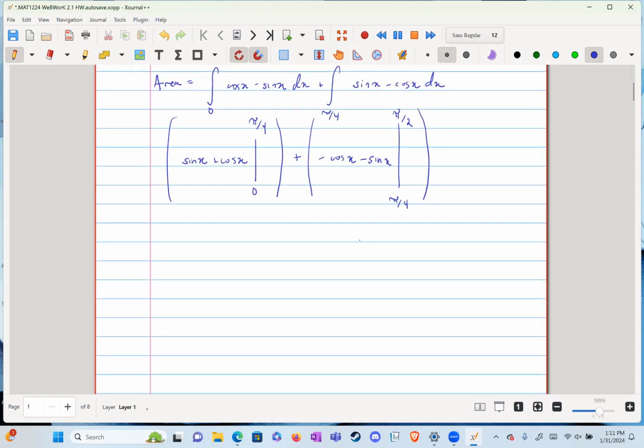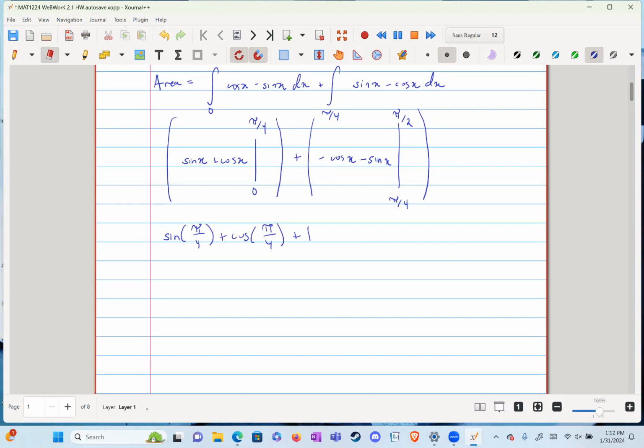And that'll give us sine of pi over 4 plus cosine of pi over 4. And sine of 0 is just 0, and then cosine of 0 is just 1. So it's 1.